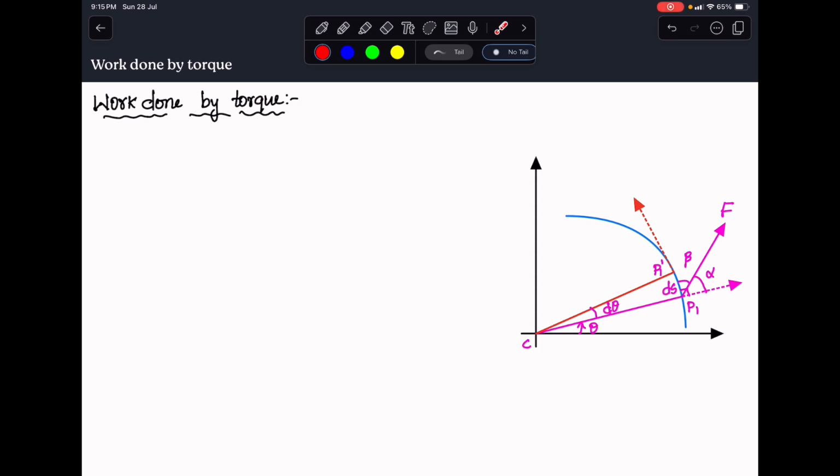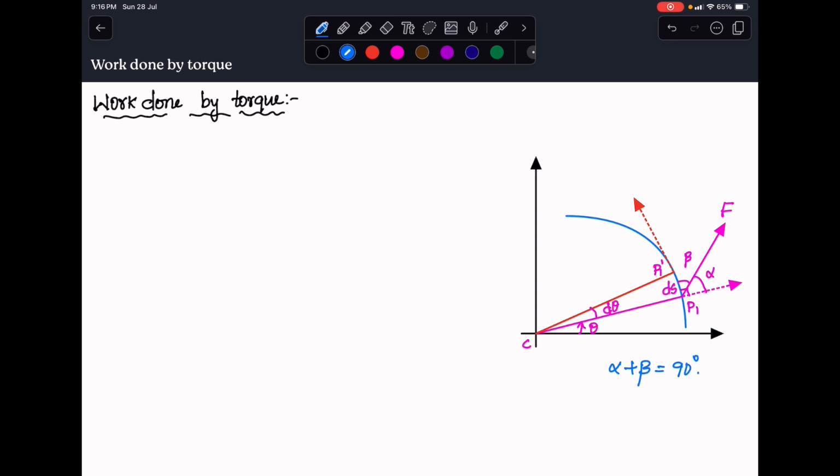This happened due to a force acting on it at an angle alpha with the line of action, and at the same time at an angle beta to the direction of the displacement. So this is the displacement of the particle, and the angle made by the force with respect to the displacement is beta. From the figure it is clearly visible that alpha plus beta is equal to 90 degrees.